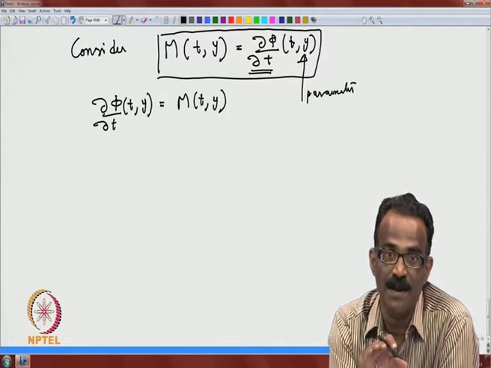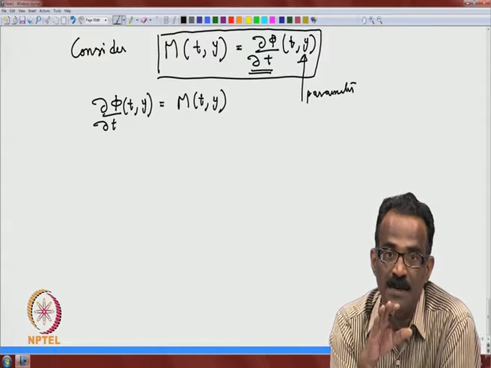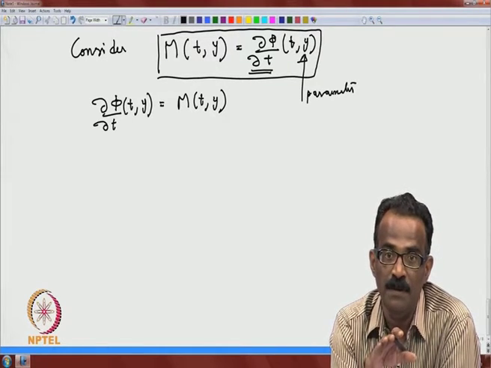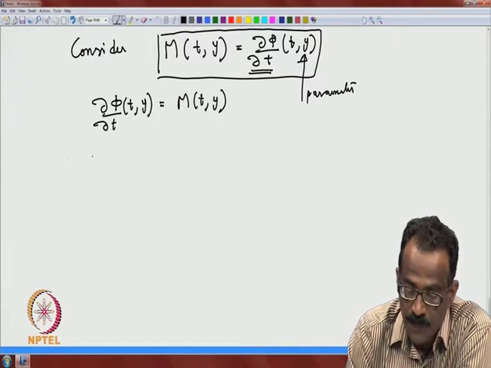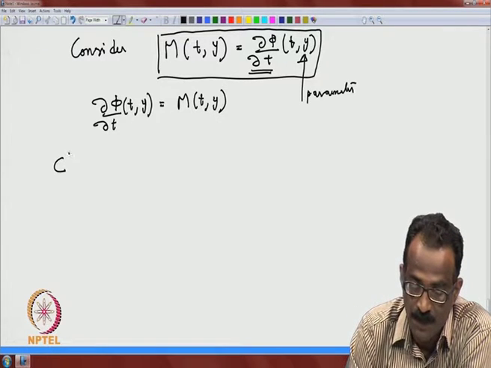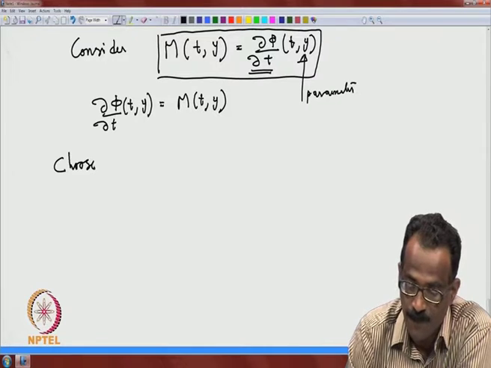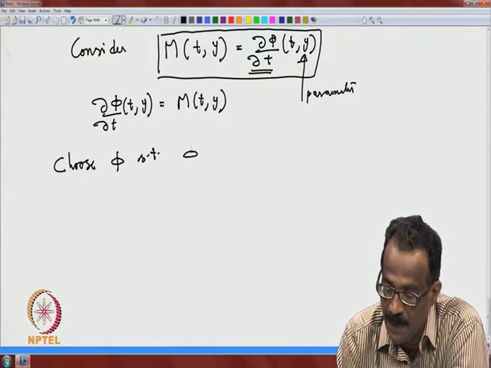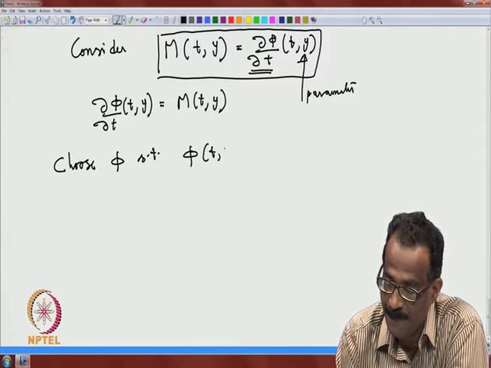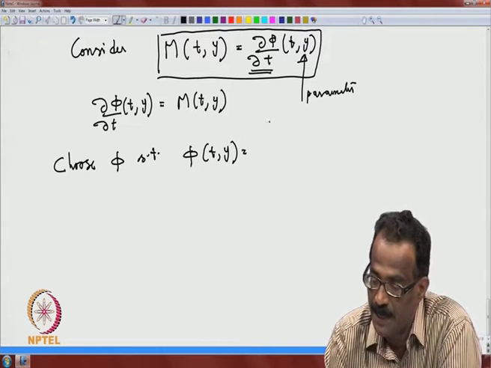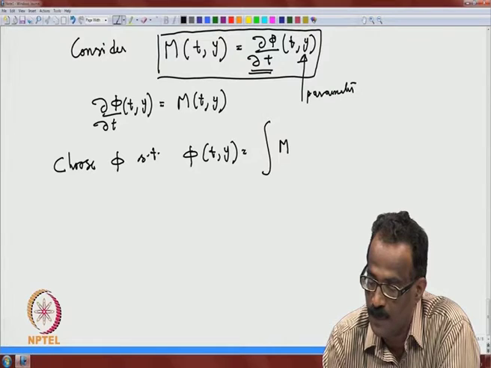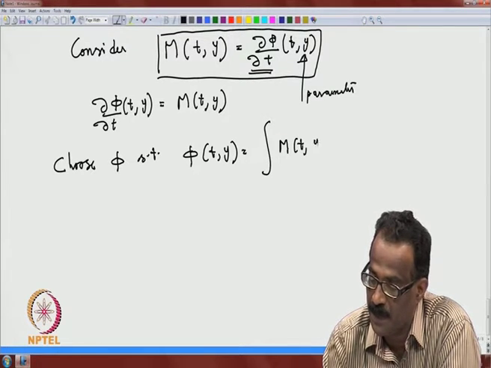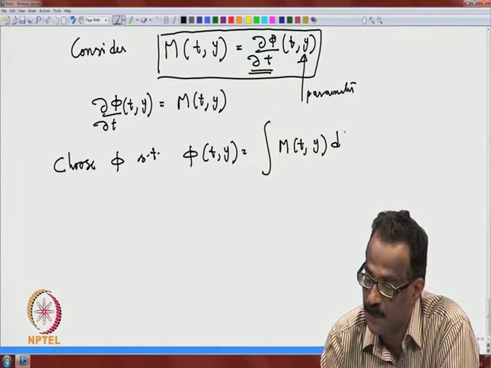It is an integral calculus problem for the differential equation in t. So, the best way is that you choose phi such that phi(t,y) is just the integral of m(t,y), with integration with respect to t.